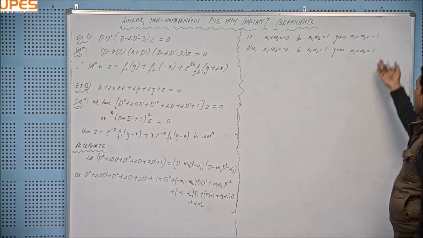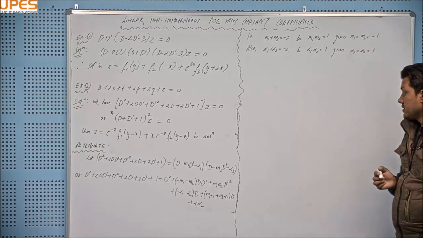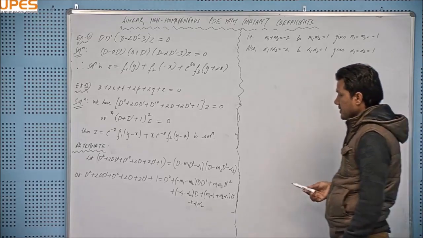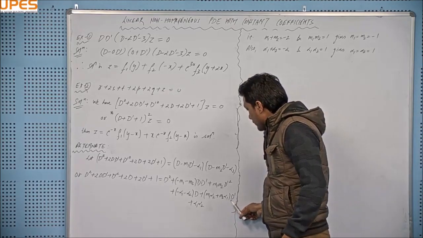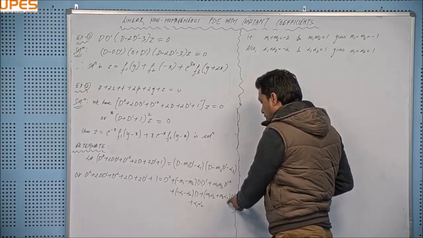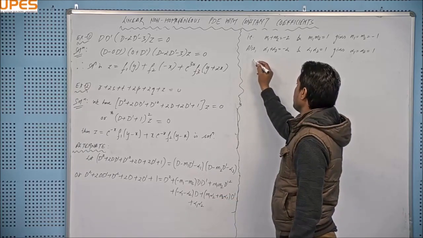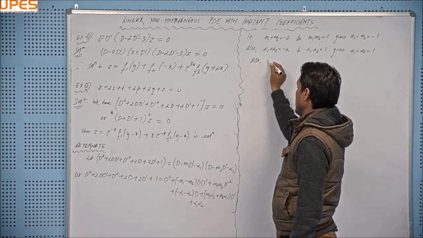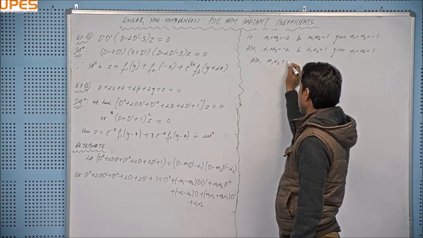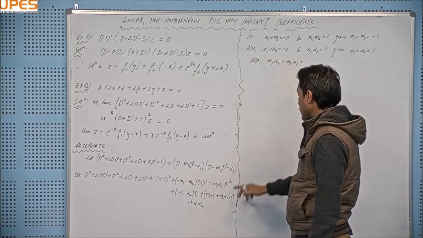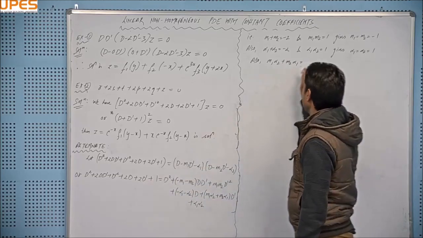So you have got your m's and alphas, right? But remember that the coefficient of d dash must be satisfied, m1 alpha 2 plus m2 alpha 1 should be equal to the coefficient of d dash, that is equal to 2.